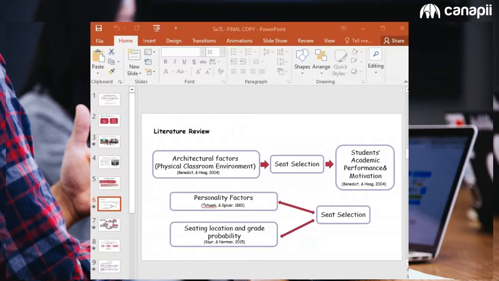The next is Totosek and Spicer. They explored students' personality factors and how they influence students' seating selection, seating location and grade probability. And that's the literature review part.